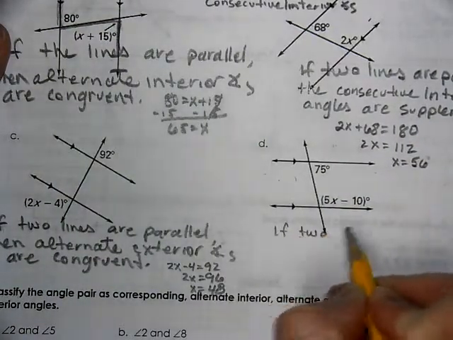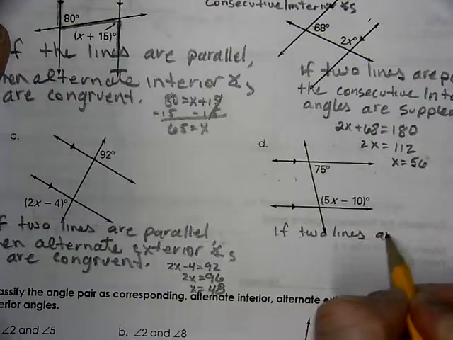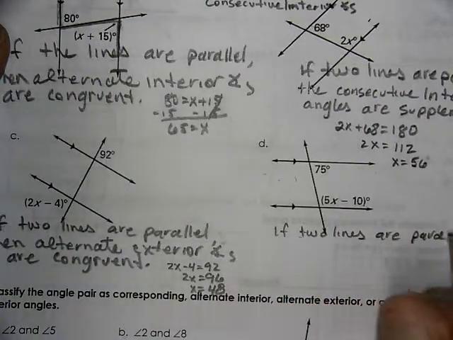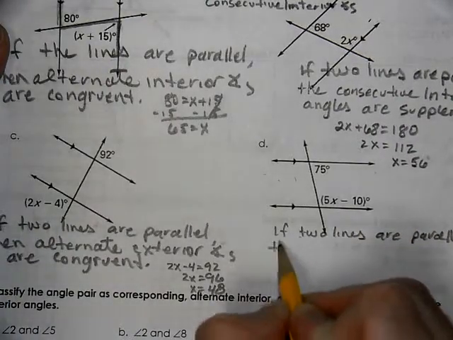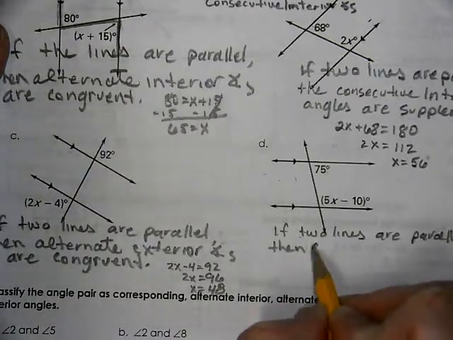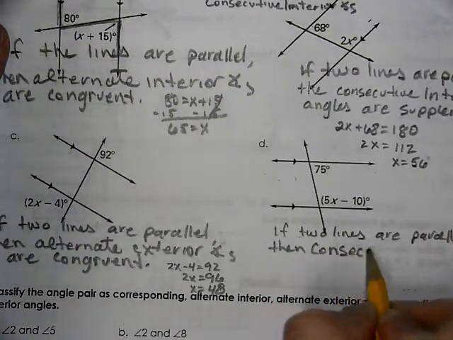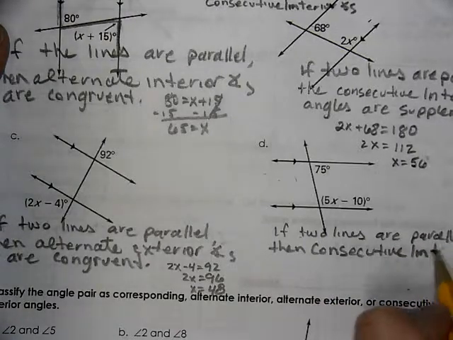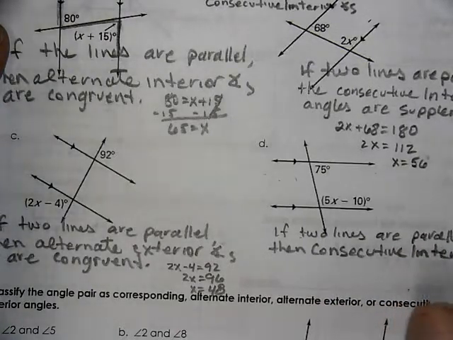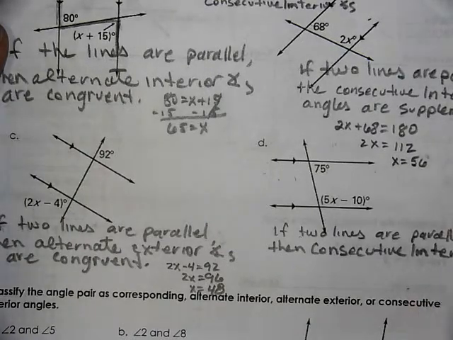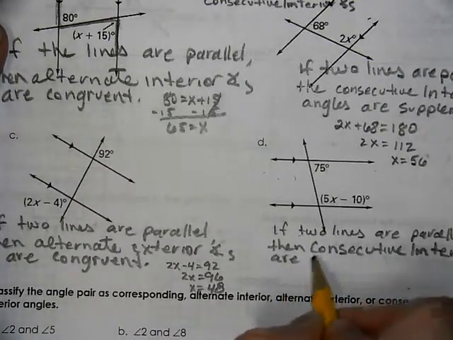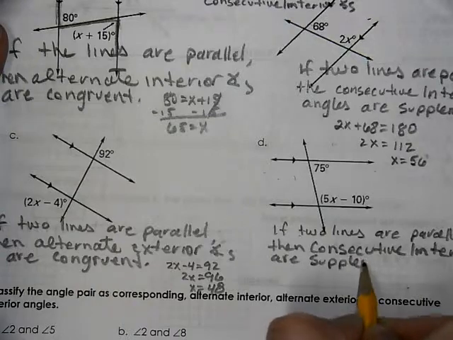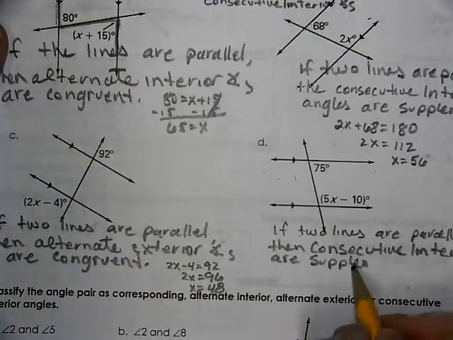If two lines are parallel, then consecutive interior angles are supplementary.